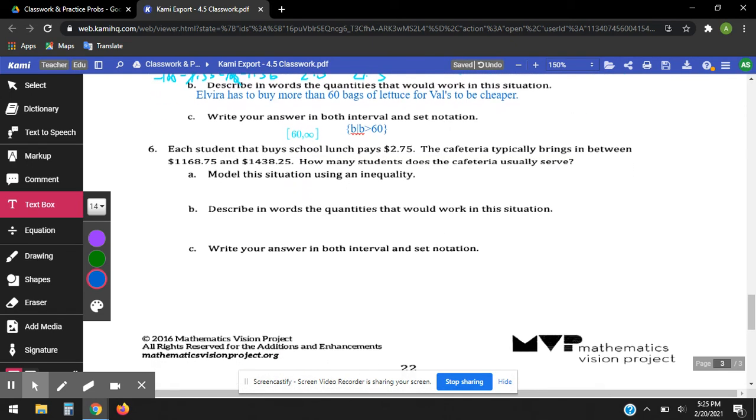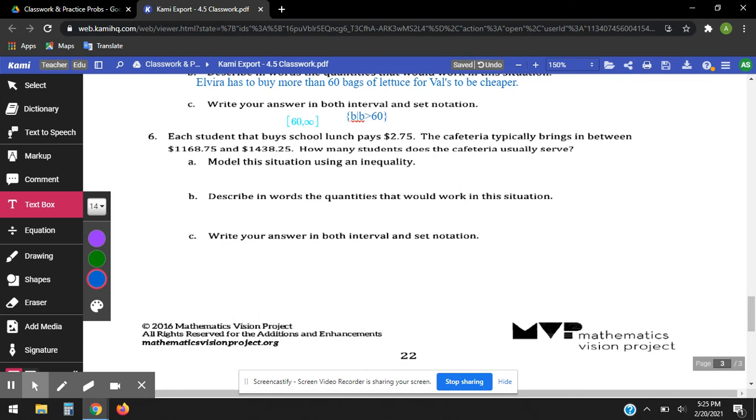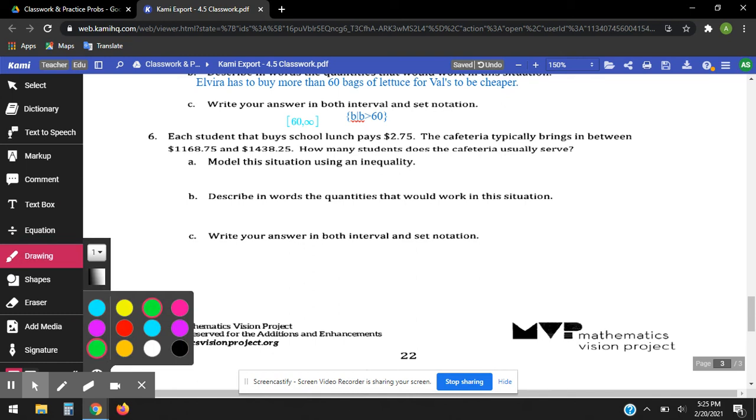All right, last one. Each student that buys school lunch pays $2.75. The cafeteria typically brings in between $1,168.75 and $1,438.25.